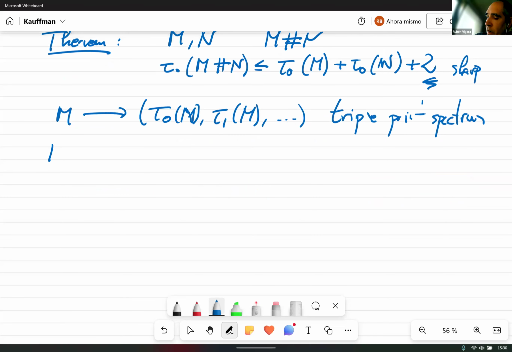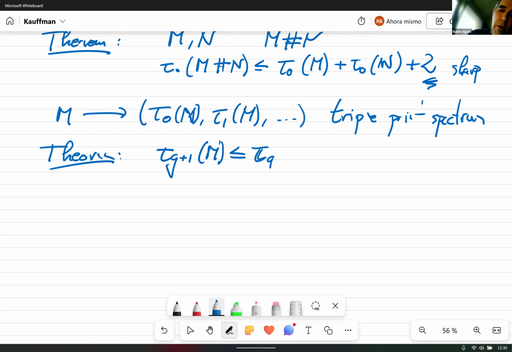Let's say theorem, although this is not a difficult one: tau G plus 1 of M is lower or equal to tau G of M plus 2.